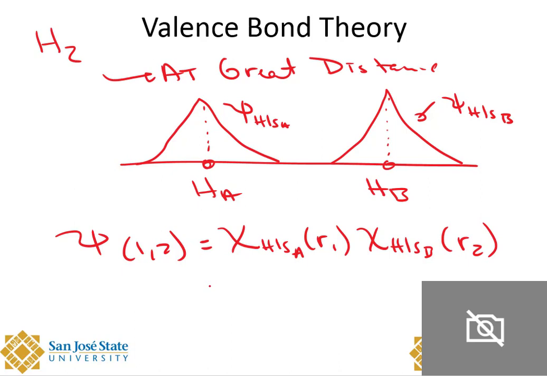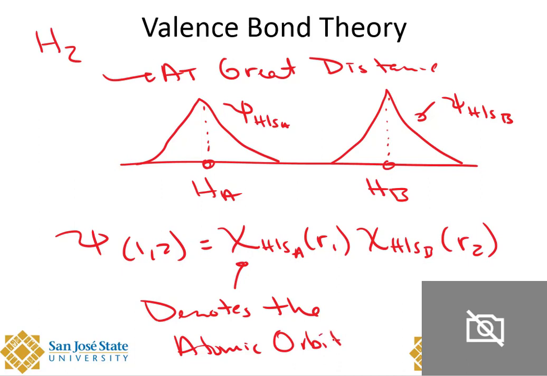Now what you're going to understand is that chi denotes the atomic orbital, not the molecular orbital, and this will be a good distinction.